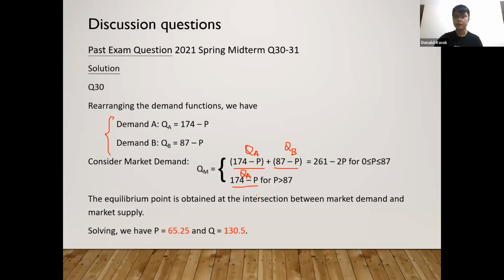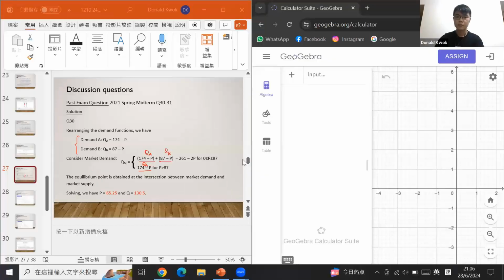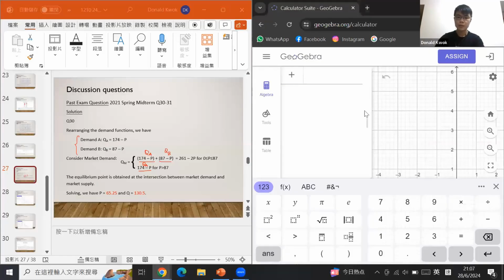So we can now go to GeoGebra to find the intersection between the combined demand and the given market supply curve. So let me move to GeoGebra here to solve this problem with you. Okay, so let me type the demand expression. When the price is high, then only group A is buying positive units, while if the prices are low, then both groups are buying positive units.